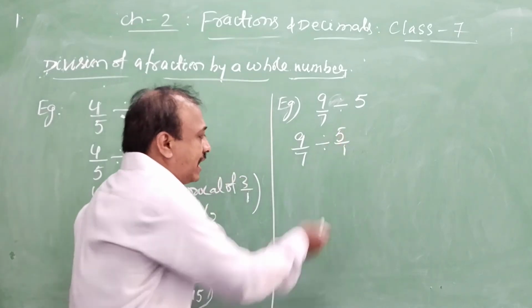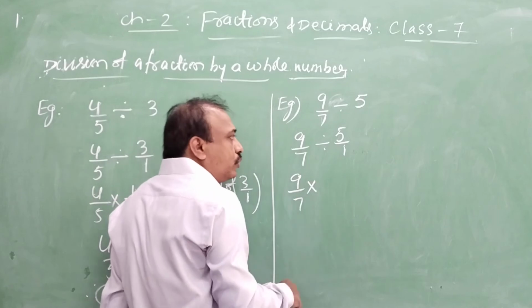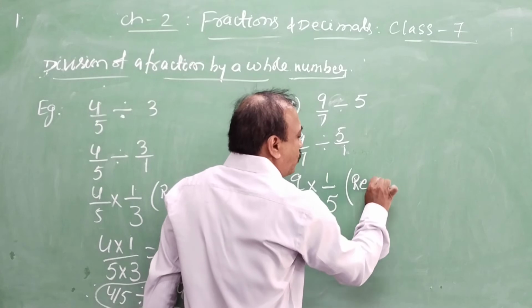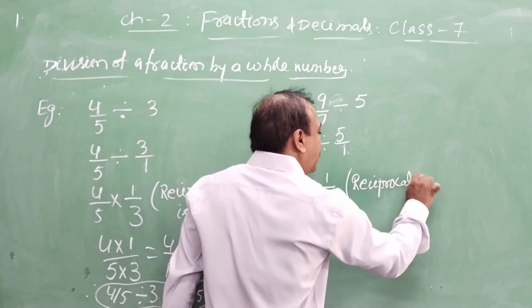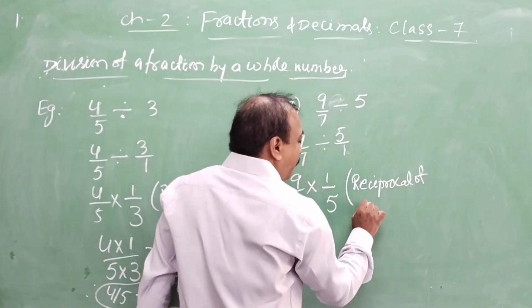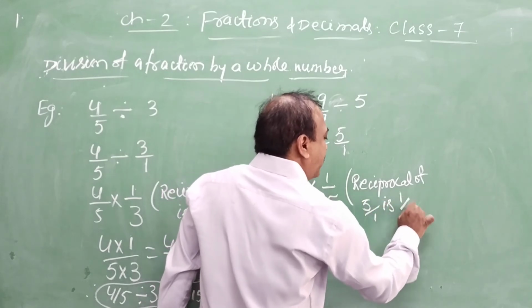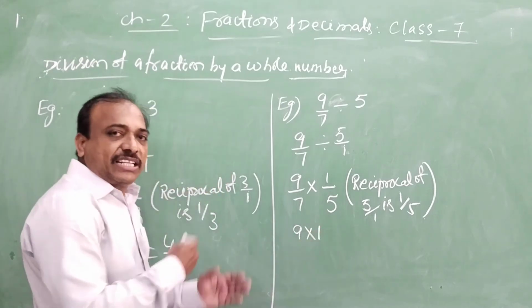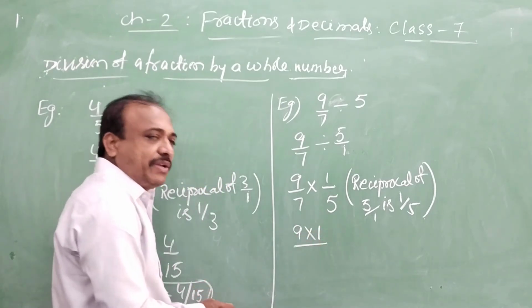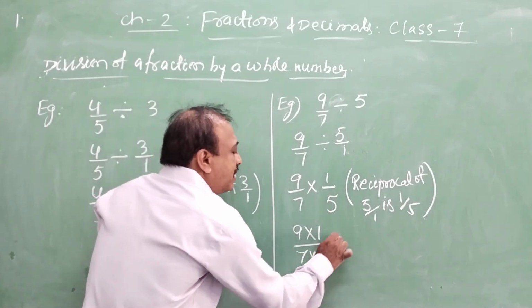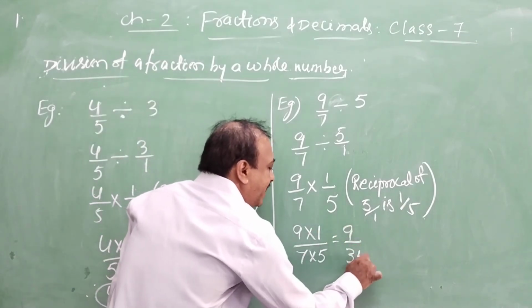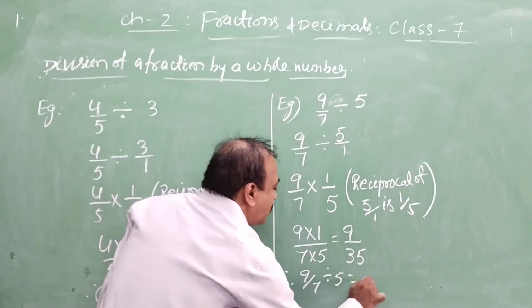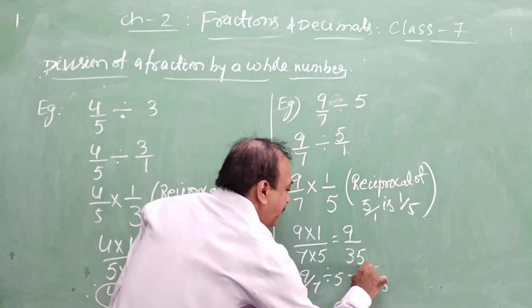Now 9 by 7 into the reciprocal of 5 by 1, which is 1 by 5. Now you see here 9 into 1, both numerators will multiply and both denominators will multiply, 7 into 5. So 9 into 1 is 9 by 35. Therefore 9 by 7 divided by 5 is equal to 9 by 35.